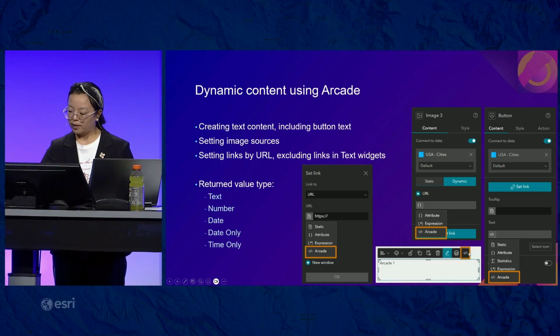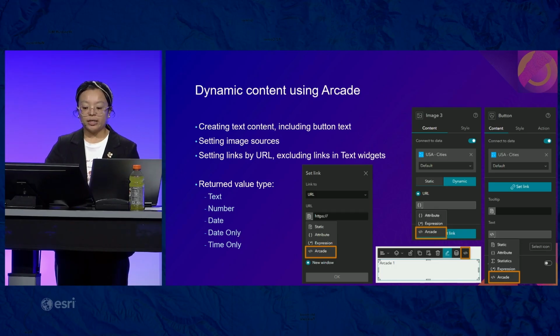There is a button here. And we can set image sources. It is here. And we can also set links by URL. The returned value types are as follows: text, number, date, date only, and time only.